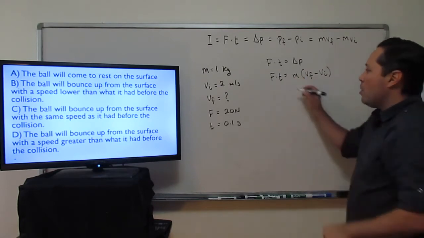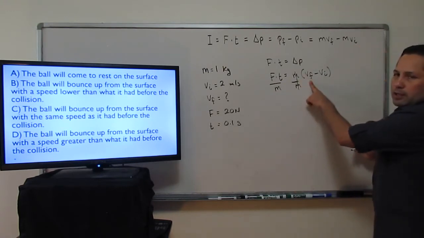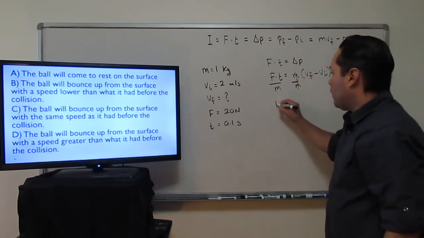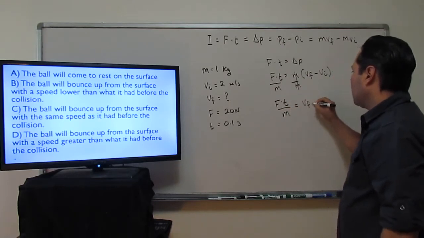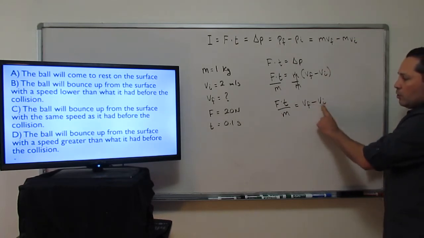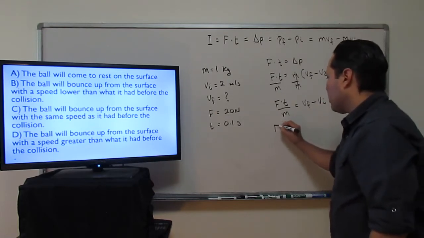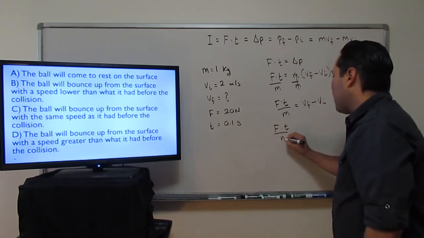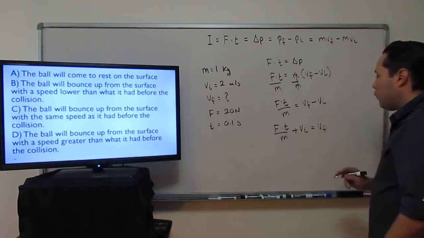So we're going to move the m over to the left side of the formula so we can begin to isolate the velocity final. So that gives us the following. And now we're going to get rid of the v initial by moving it over to the left side. So that's a negative, so I'm going to add v initial to both sides. So here's our formula: force times time over mass plus velocity initial is equal to velocity final.